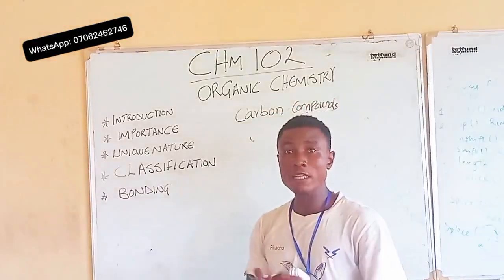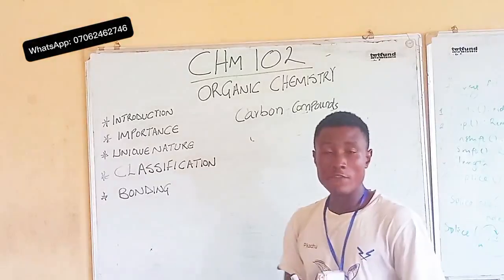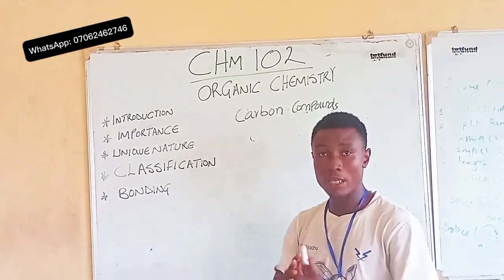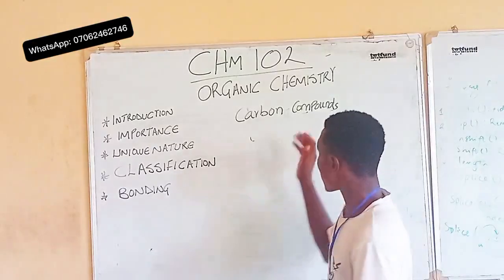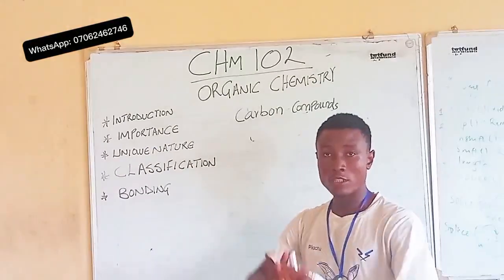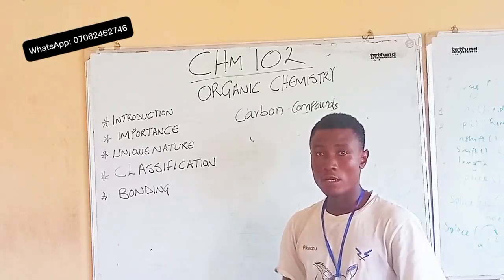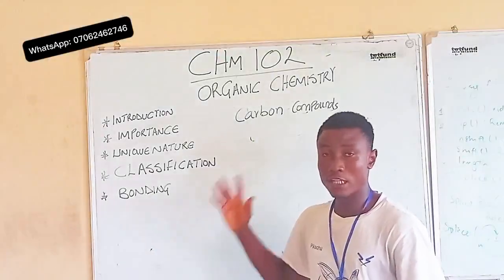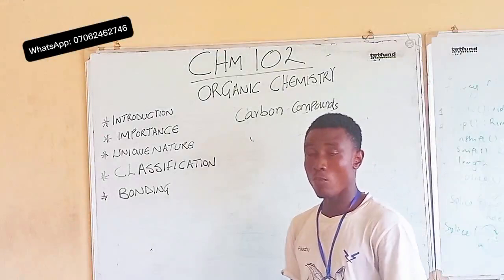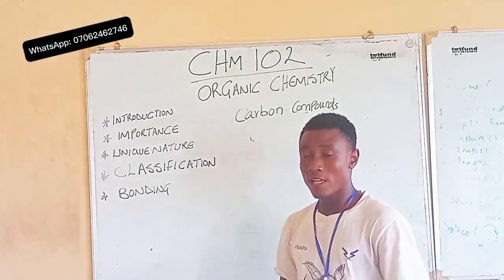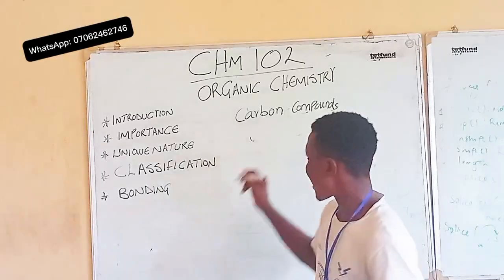So when you hear organic chemistry, the first thing that should come to your mind should be carbon. Now we focus on carbon compounds and its derivatives. Now these derivatives can be what?